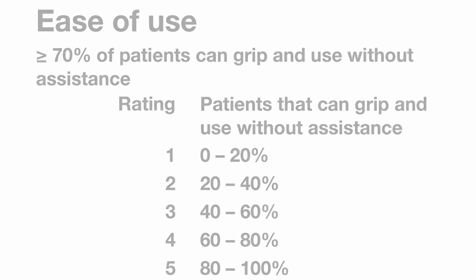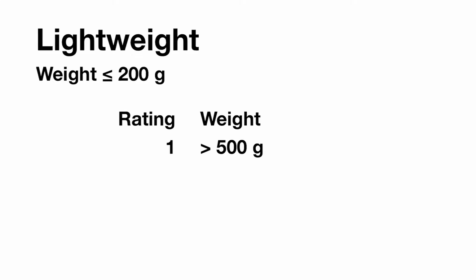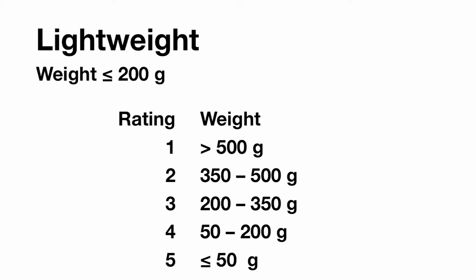For lightweight, we set the design criteria to weigh around 2 to 3 metal spoons, or less than or equal to 200 grams. Here, we set rating 1 with a weight greater than 500 grams, and rating 5 is a weight of less than or equal to 50 grams. We set the design criteria for durability to last at least 1 year.